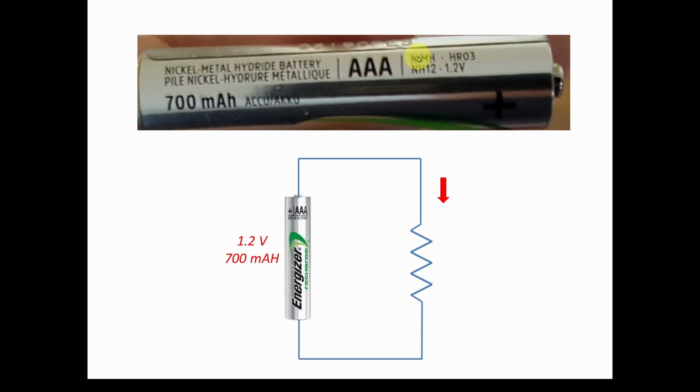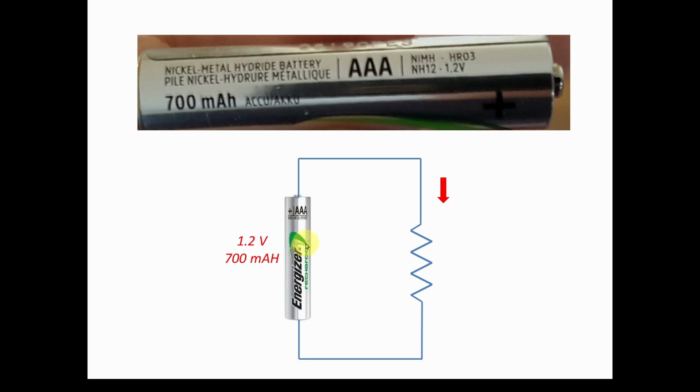On the right, it says 1.2 volts. So that means this provides, presumably, 1.2 volts. Another very important number is down here, 700 milliampere hours, or 0.7 amps for 1 hour. That tells you that this battery should be able to produce 0.7 amps for 1 hour.